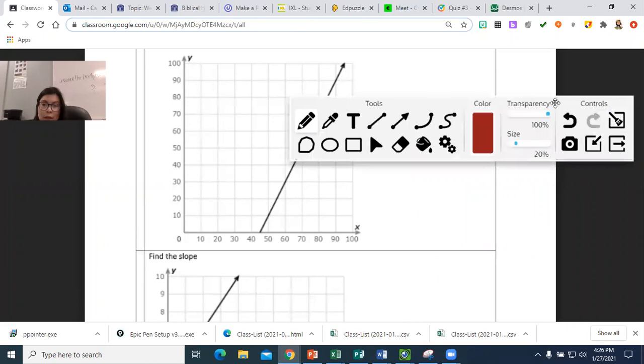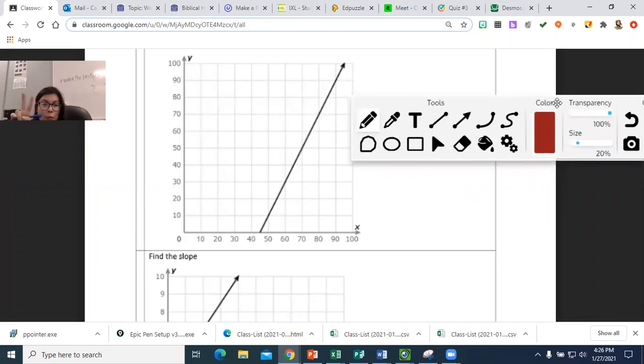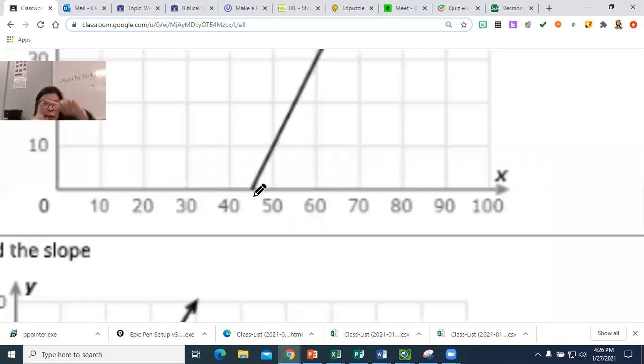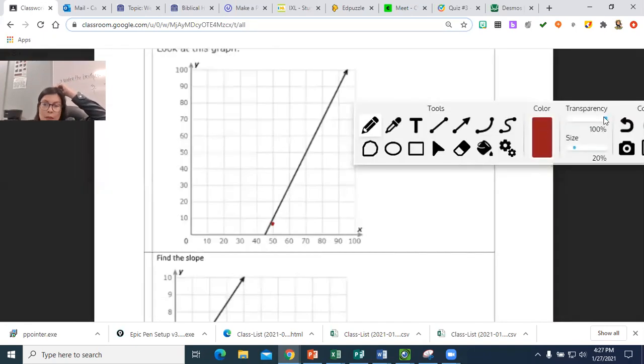All right. So we're going to pick 2 points, and then we're going to do rise over run to get the slope. This one right here does not count because it has to go perfectly through those gray crosses, and that one does not. So that's not a point. This one is.